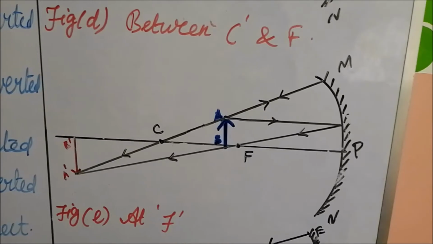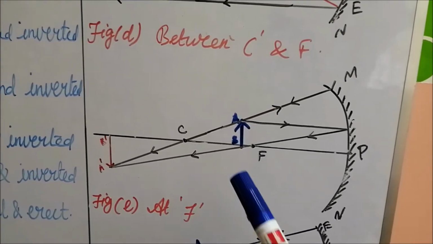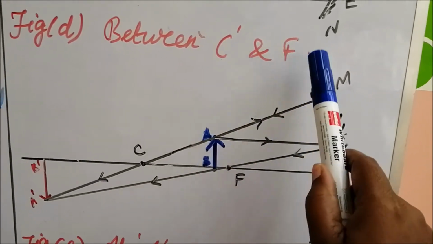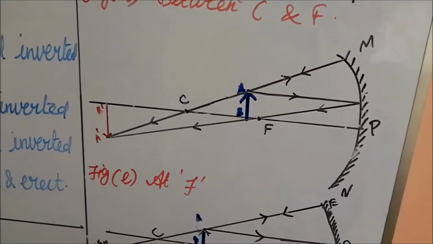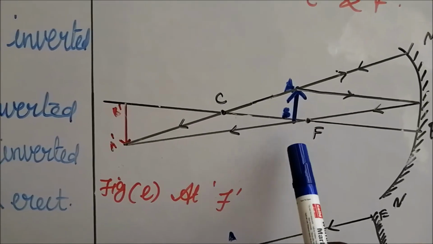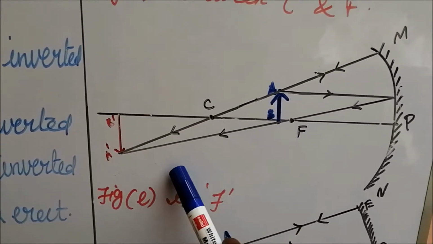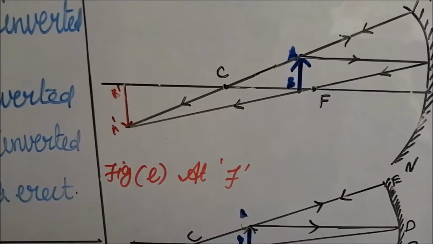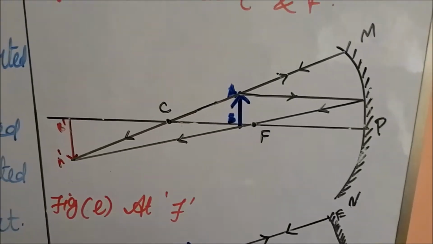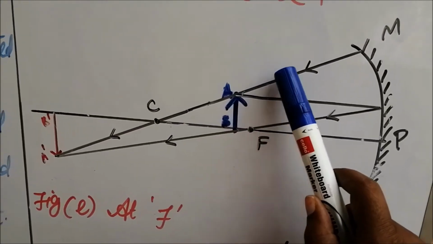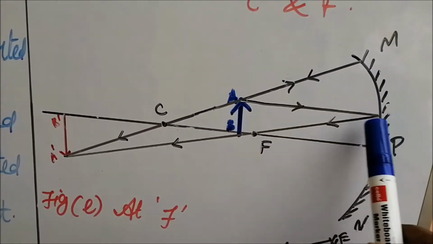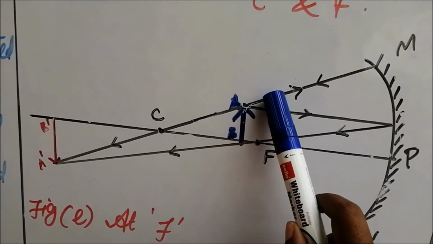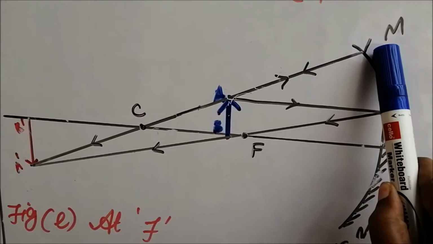Figure D represents the ray diagram for the object between C and F, that is center of curvature and the principal focus. In this case, we are getting the image beyond C. So these are the rays falling to the mirror from the object. Here one ray comes from the object and falls on the mirror.